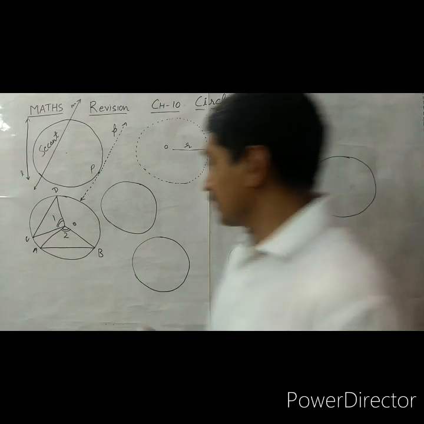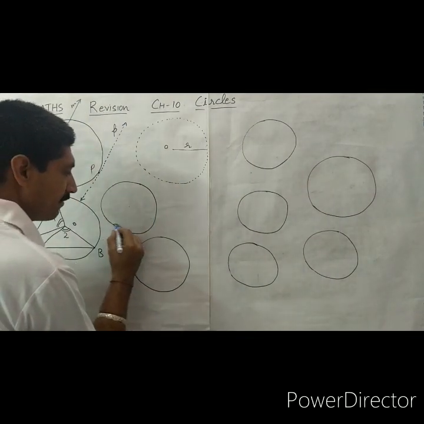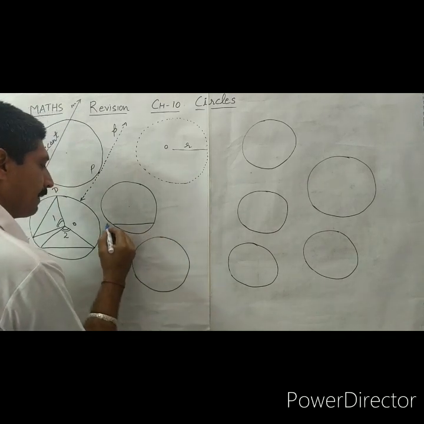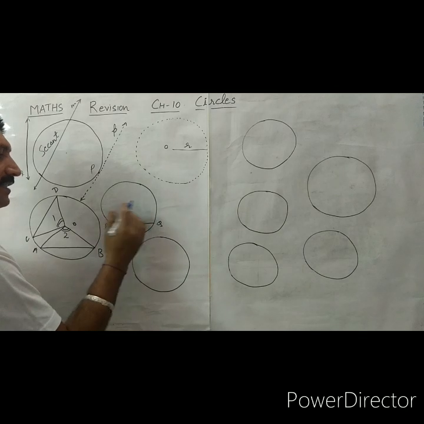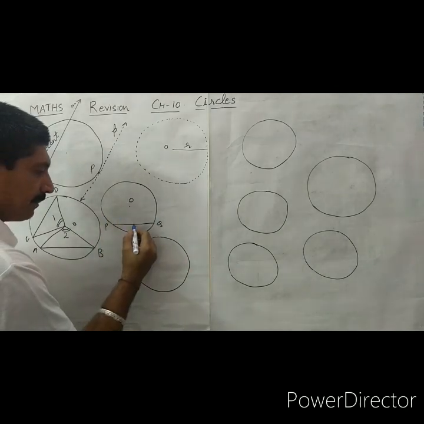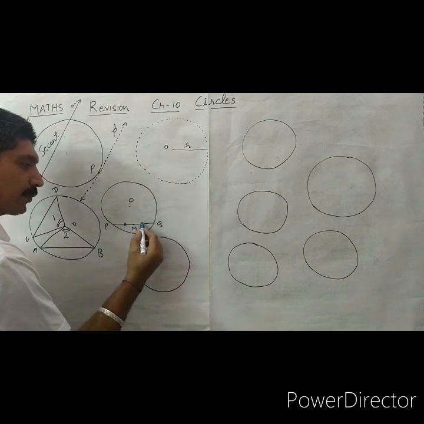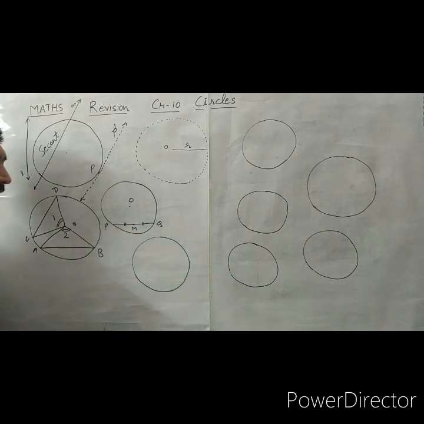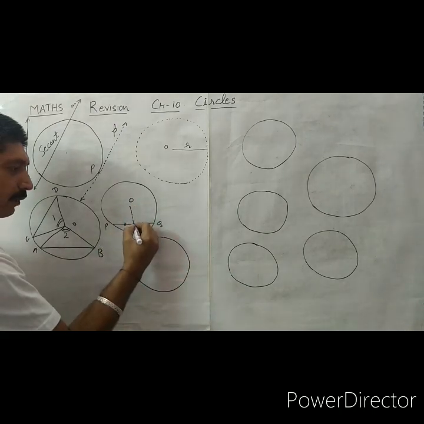We have also discussed if in a circle PQ is a chord, and from the center of the circle we join the midpoint of the chord, if PM is equal to MQ, then OM is always perpendicular.